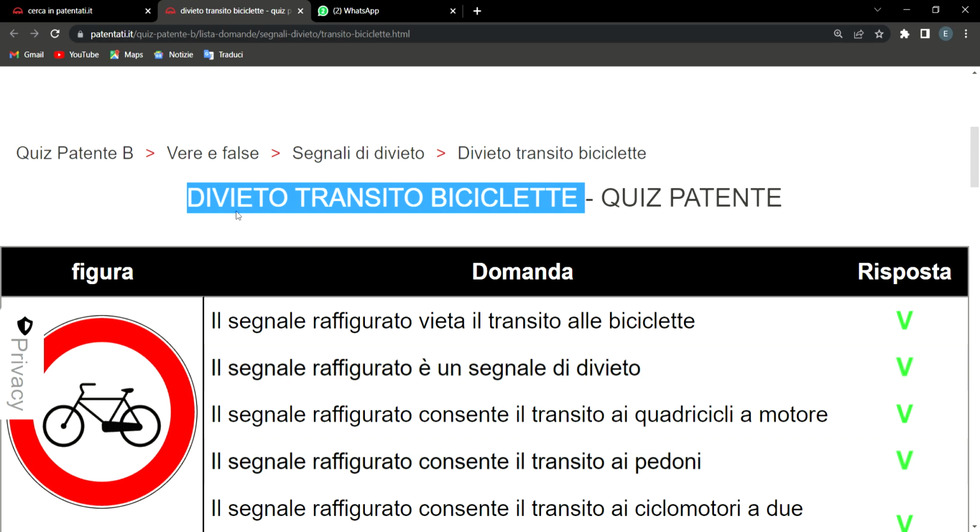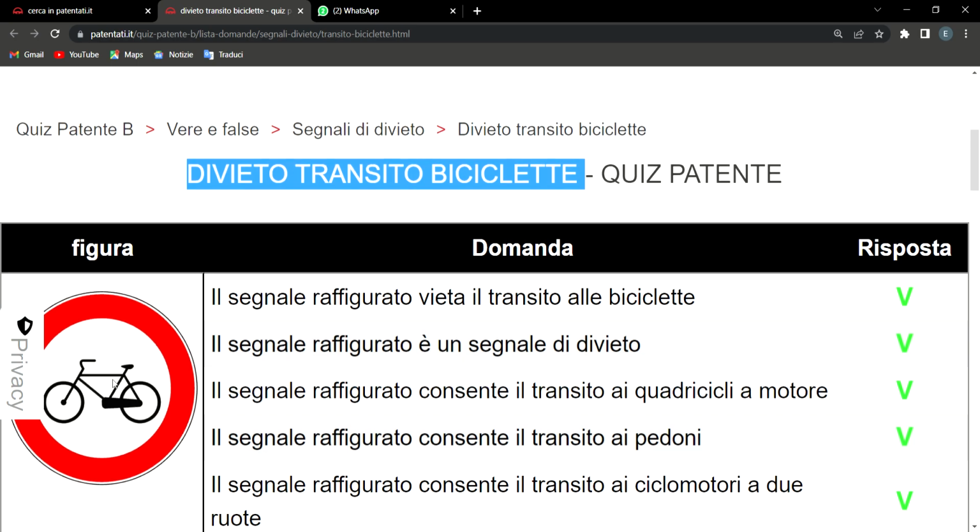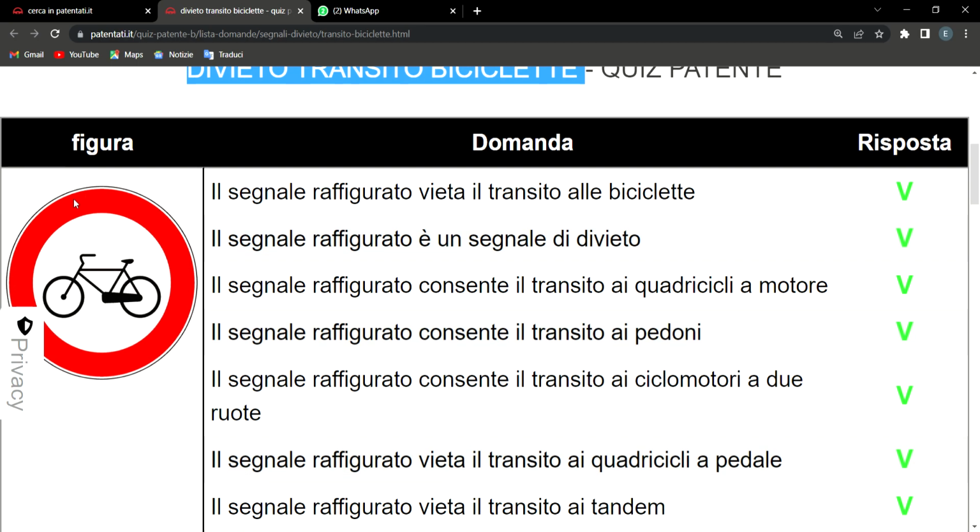When we are talking about Divieto Transito Biciclette, in English this simply means a prohibition sign for bicycles. You can see the symbol here. This symbol is a prohibition sign, all about prohibition of transit of biciclette.